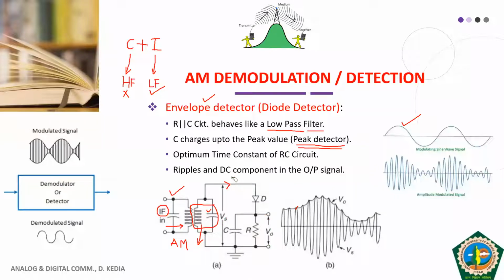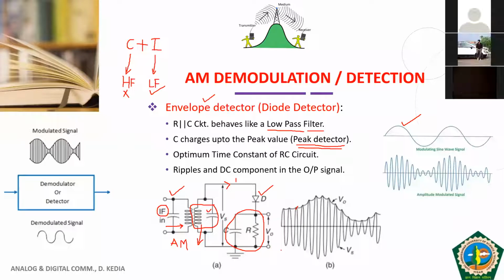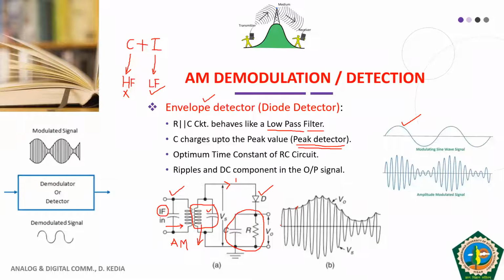Look at the positive portion here. On this positive side, we have the RC. We know that the capacitor charges first to the input signal. So here, when this positive part of the signal enters the capacitor, your capacitor charges up to the peak, up to this point.